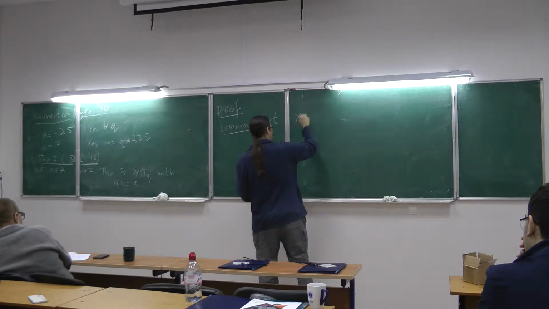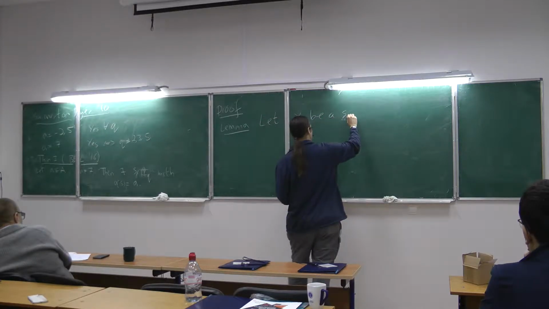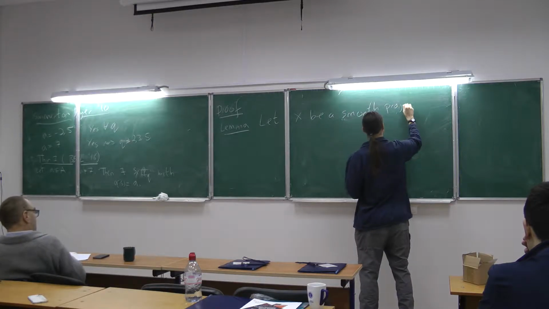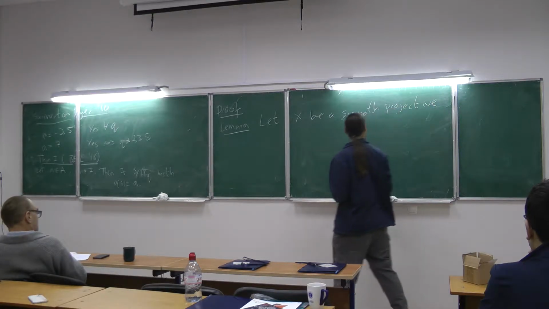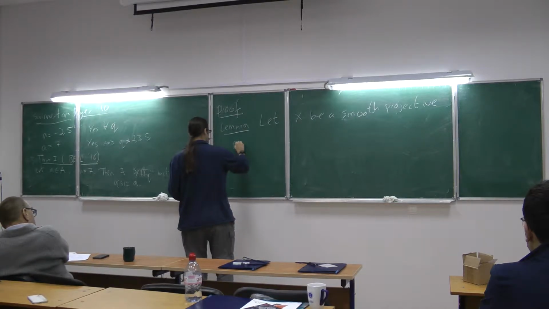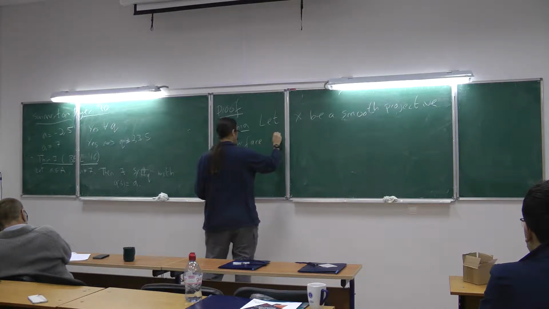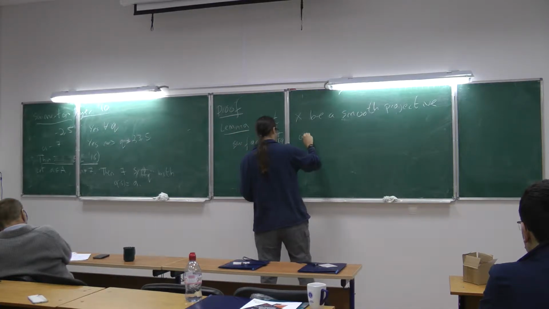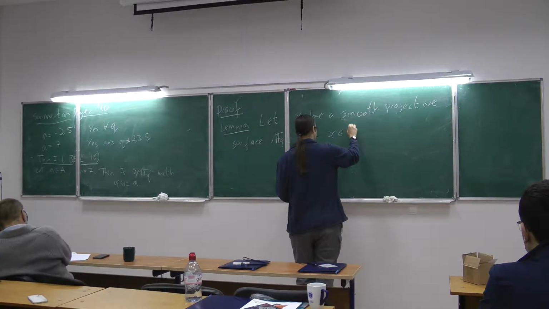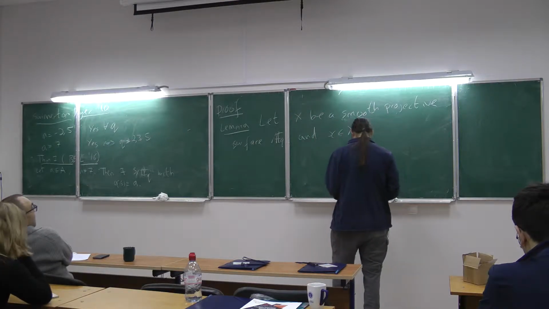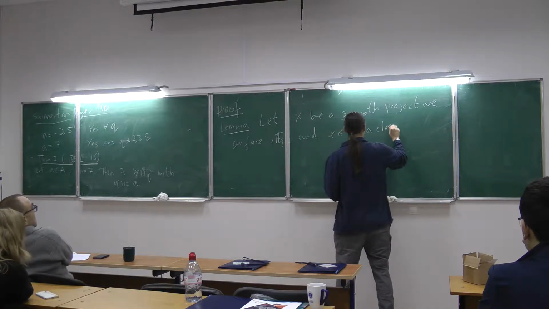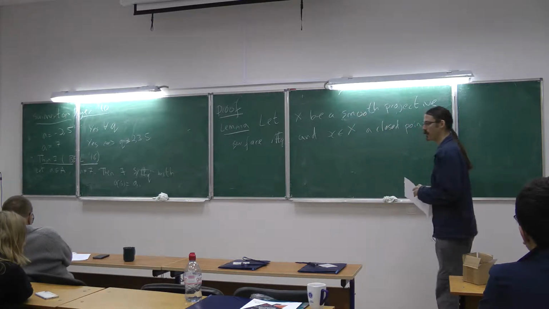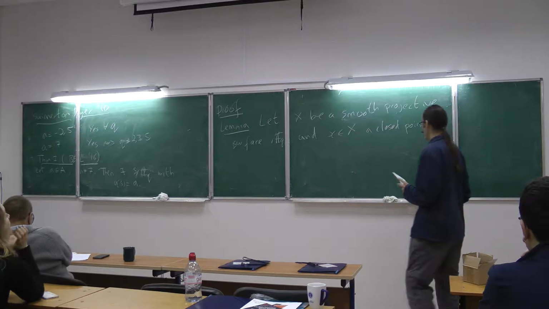So let X be a smooth projective surface over a finite field of order Q, and let x be a closed point. So not necessarily a rational point, but still a point whose residue field is finite.